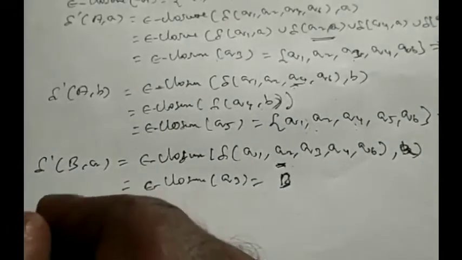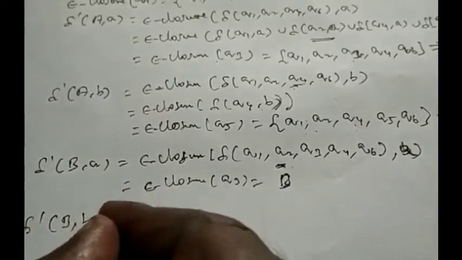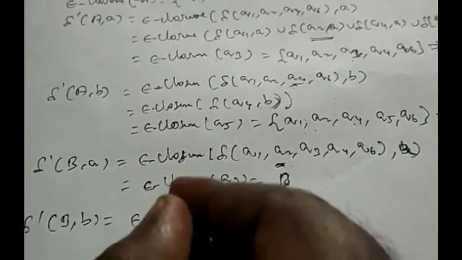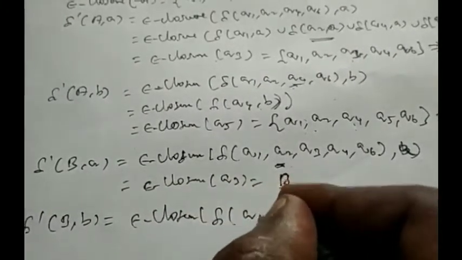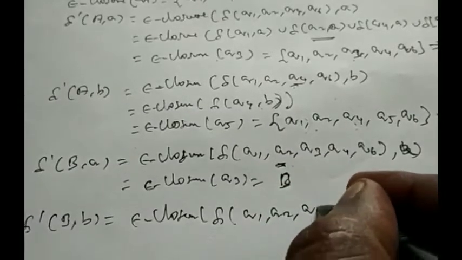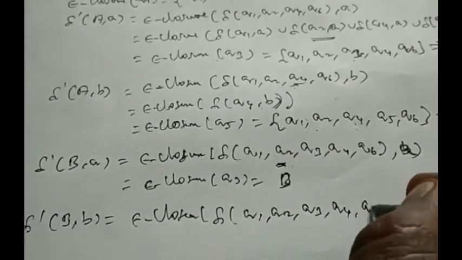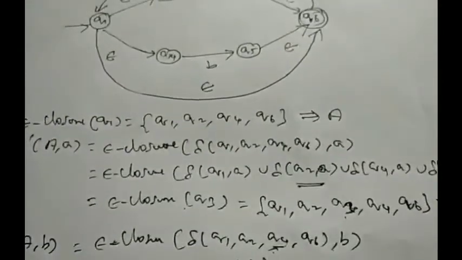Now delta dash of B comma B is equal to epsilon closure delta of Q1, Q2, Q3, Q4, Q6 comma B. Okay, so where can B be applied? The only possibility is B can be applied in Q4. So Q4 when I apply B, it goes to Q5.